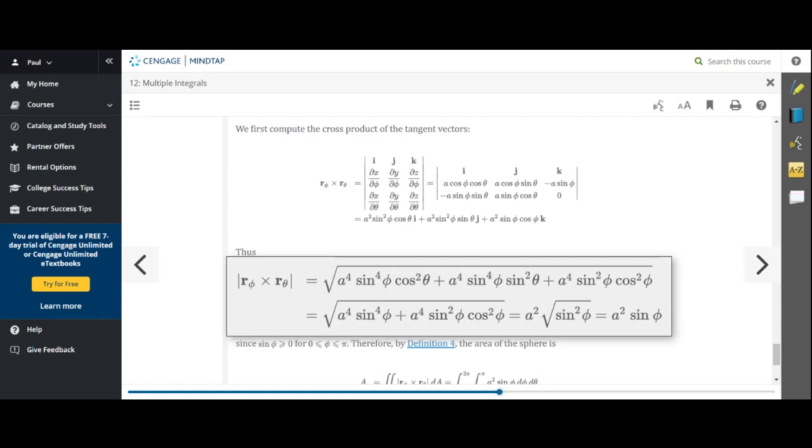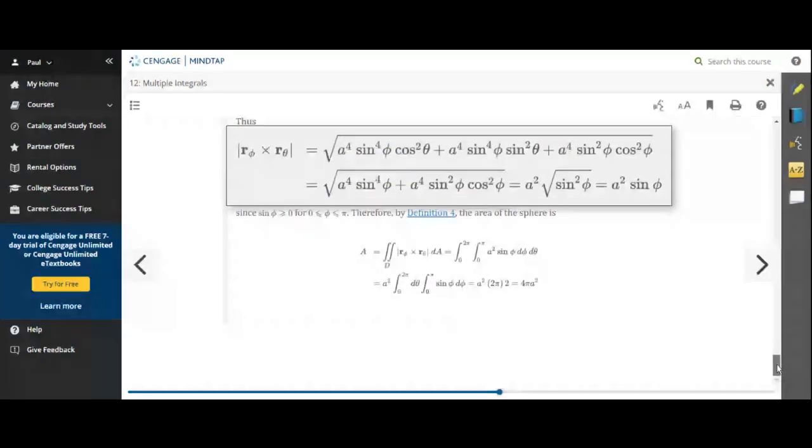And then from the square root there on the bottom, they factor out an a to the fourth sine squared of phi. And then they multiply a to the fourth sine squared of phi by sine squared of phi plus cosine squared of phi, which equals 1. And you're left with the square root of a to the fourth times sine squared of phi. That becomes a squared sine phi.